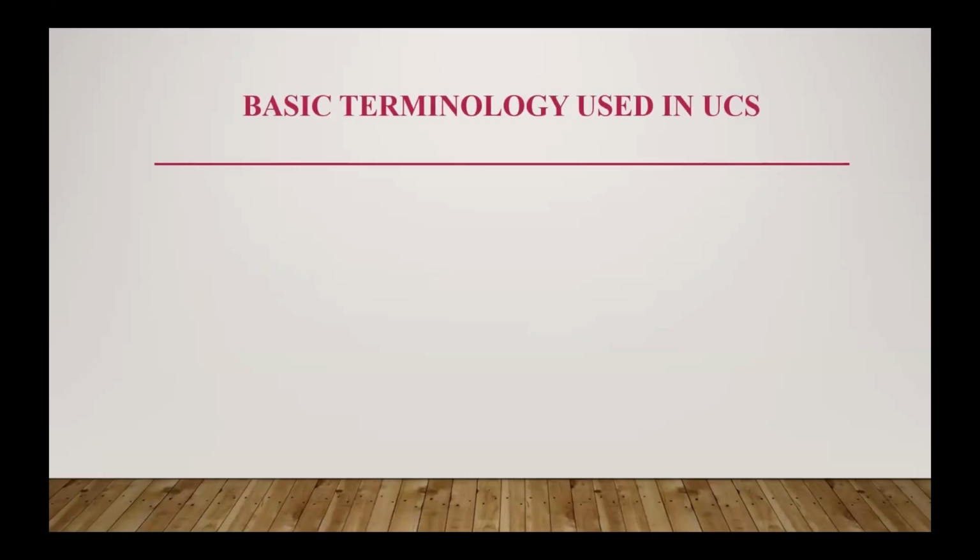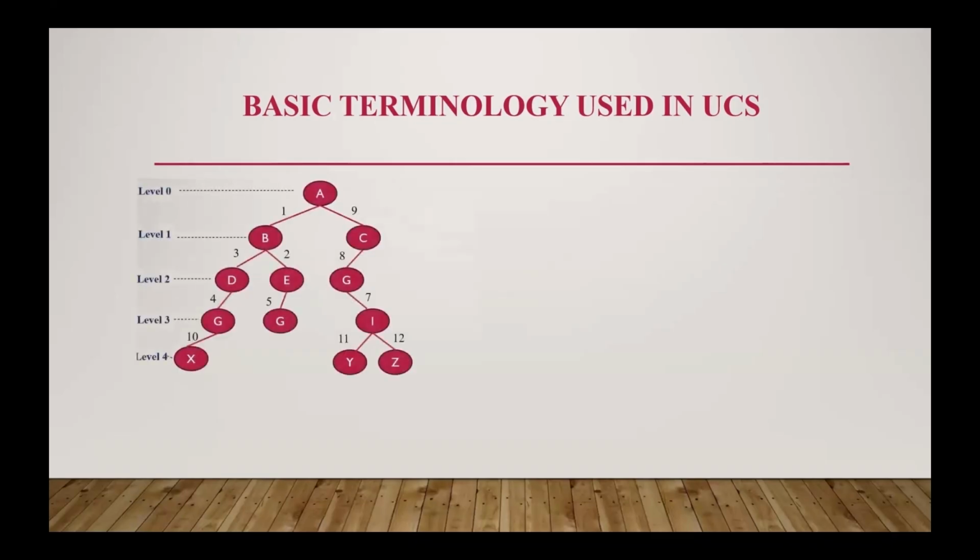Now we have to understand the basic terminologies used in the uniform cost search algorithm. For example, here a tree is given, associated with various costs, or weights. If we traverse from A to B, the cost is 1.